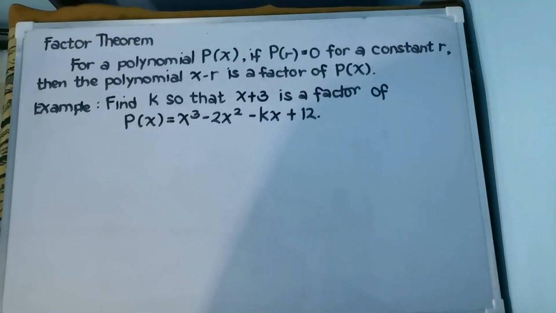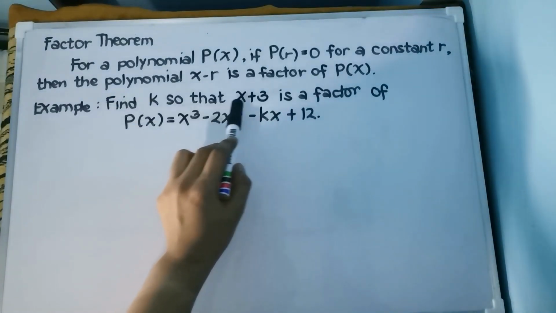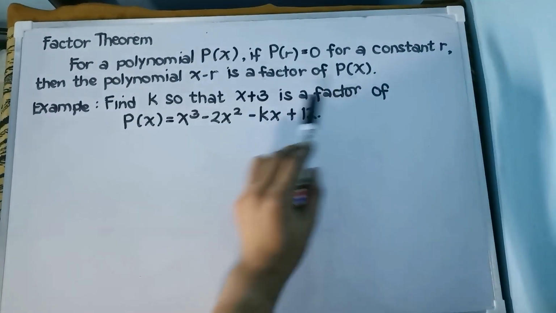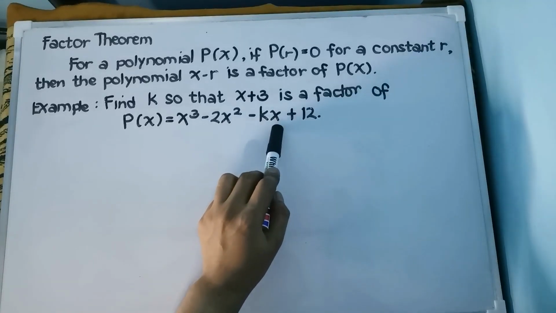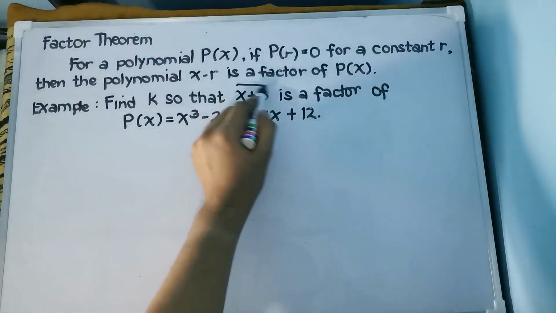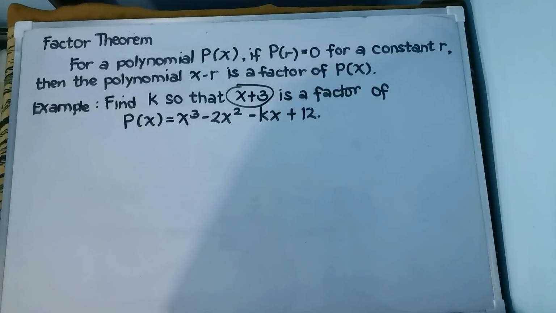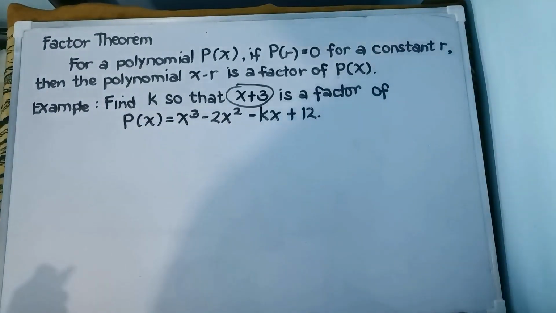So for our last example, we are going to find k so that x plus 3 is a factor of p of x equals x cubed minus 2x squared minus kx plus 12. So therefore, assuming that x plus 3 is a factor of the given p of x, we are going to apply the factor theorem, and then it should be equal to 0.